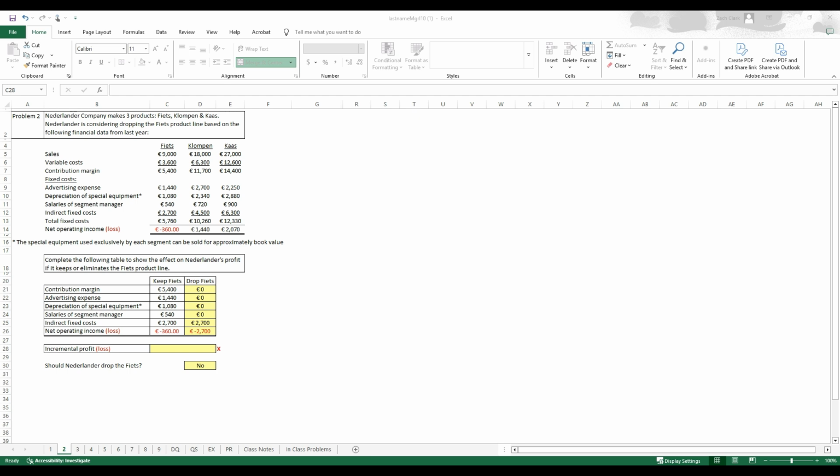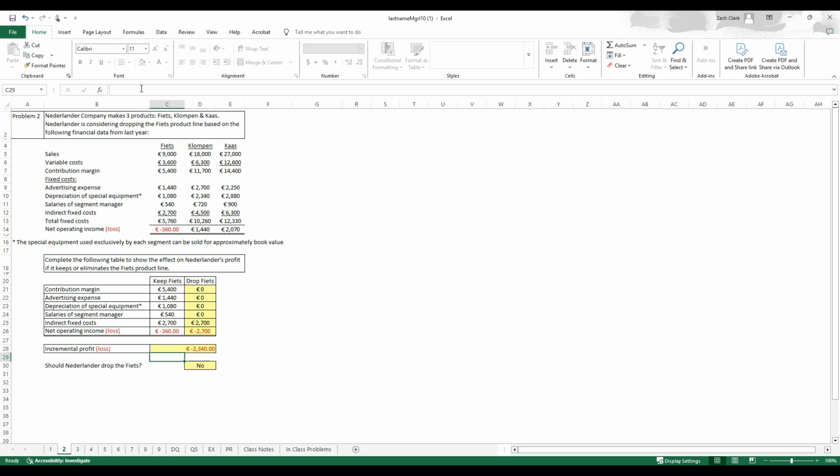And so when we're looking at incremental profit or net loss, we have the 2,700 that's still here that we're going to have to absorb. We're getting to save the 360, or at least not feel that impact. So that's a positive 360 with the impact of the segment going away, because we won't have that loss overall, but we still get hit with the 2,700.